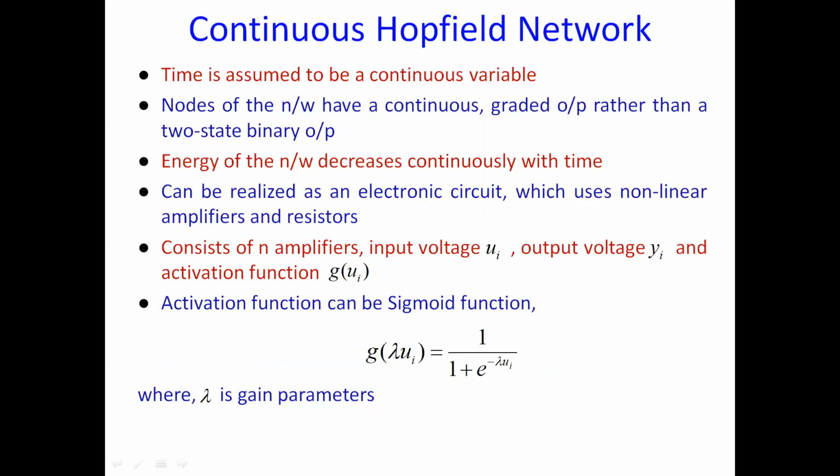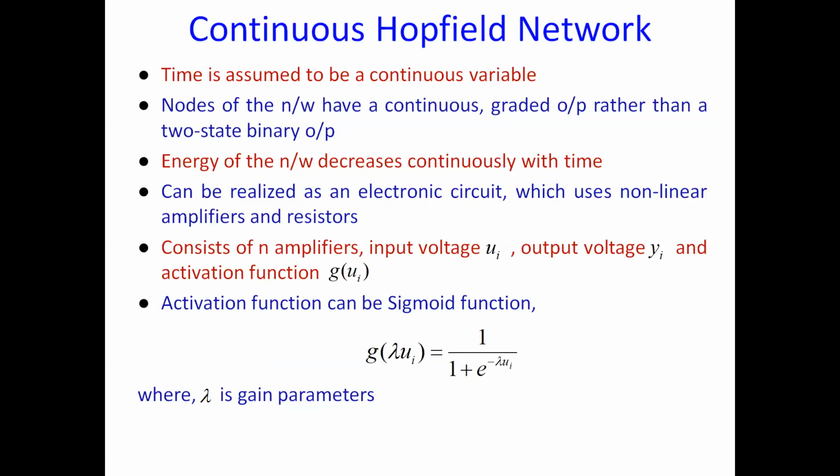Now, whenever we talk about the continuous Hopfield network, how does it differ from the discrete one? Here the time is assumed to be a continuous variable, so time is a very important variable.